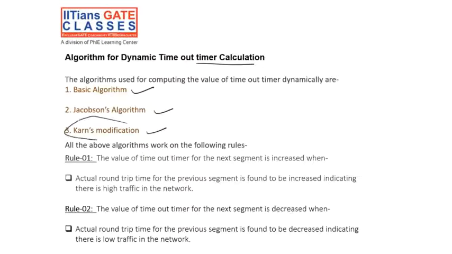This modification means there is some problem in both algorithms. To solve that problem, this scientist, Karn, did some modification. Otherwise, the main algorithms are these two.